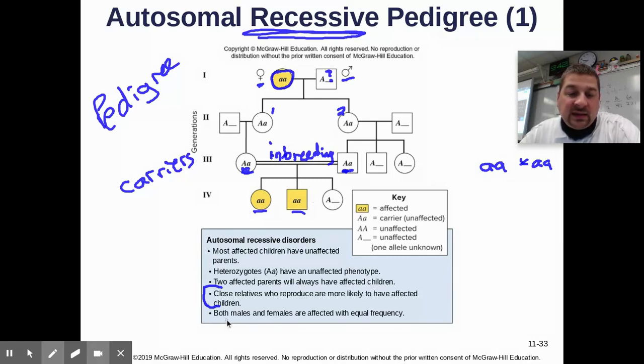And again, because it's autosomal, males and females are affected equally. So you should be able to recognize this pattern as autosomal recessive: males and females are affected, unaffected parents can have affected offspring, and two affected parents will have all of their kids affected as well.